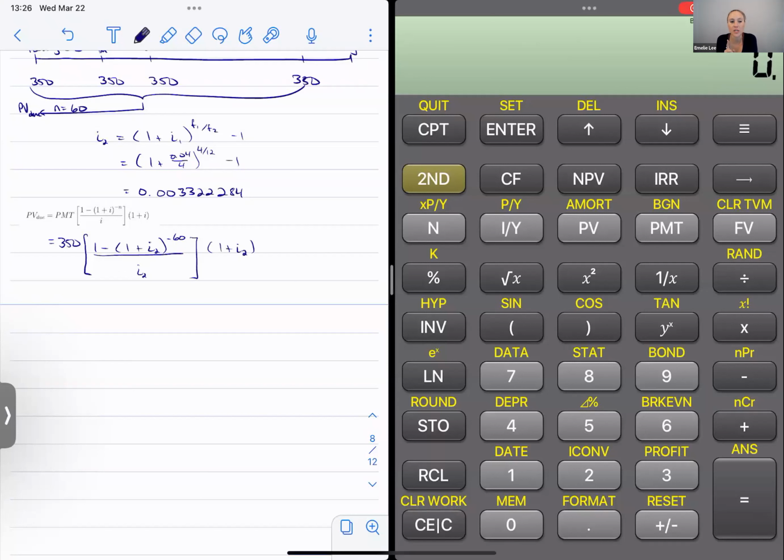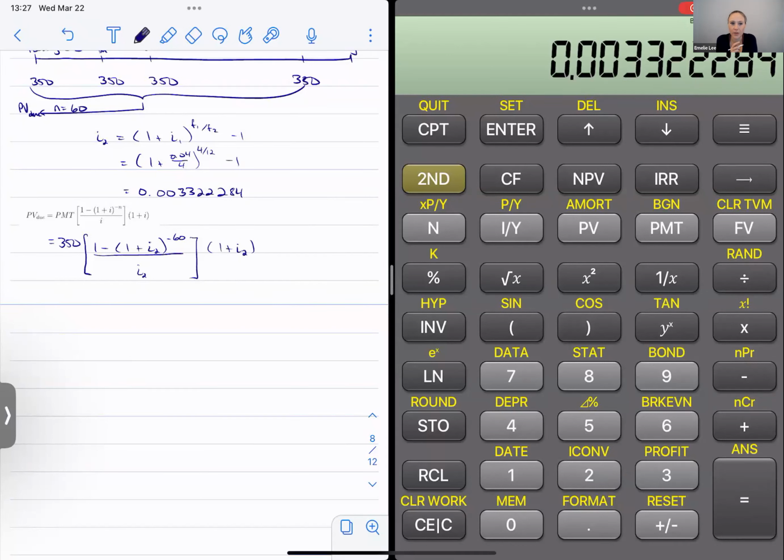So then the first thing I would do is solve for I2 and store it. So 0.04 divided by 4 equals 0.01, plus 1, to the power of bracket 4 divided by 12 end bracket, equals, minus 1.